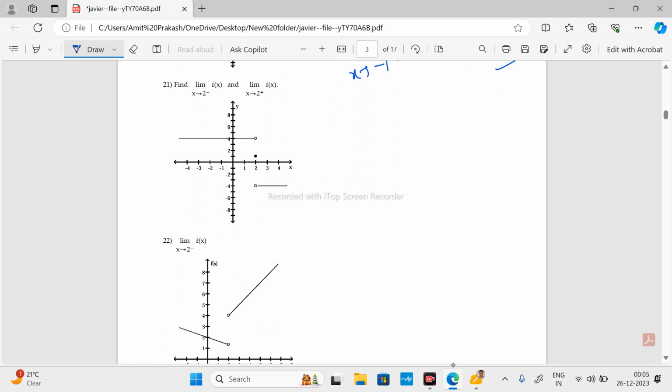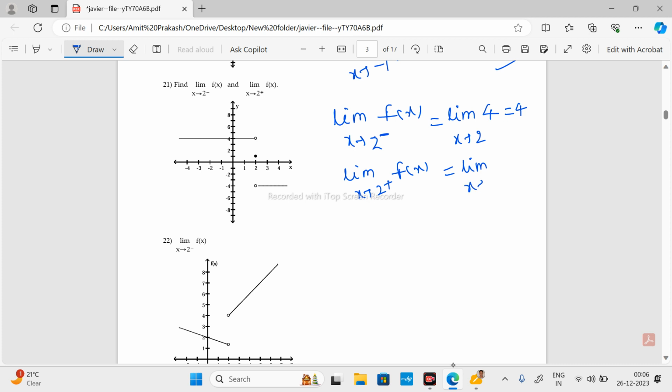Again, we have to find out the limit x tends to 2 minus. So we find out the value of the function to the left of 2. In the left side of 2, the value of the function is 4. So this limit becomes 4. In the right side of 2, the value of the function is -4.